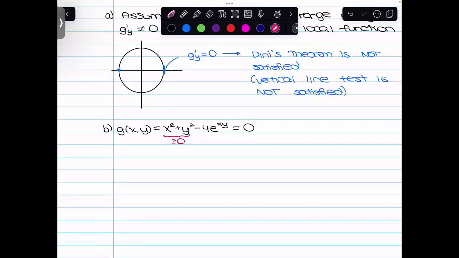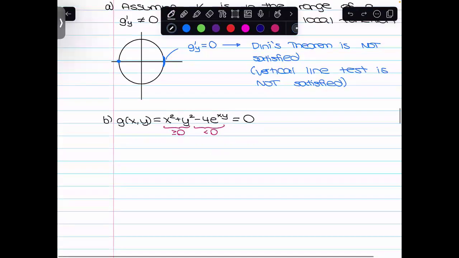The e part by itself is also going to give you something that is positive, specifically greater than 0. So with the minus sign, that's going to become negative. So intuitively, if this gives you a positive value and this is always a negative value, most likely there are going to be some x and y values that will make these essentially cancel out to give you 0.